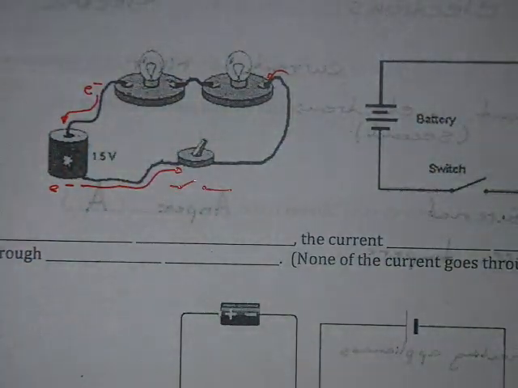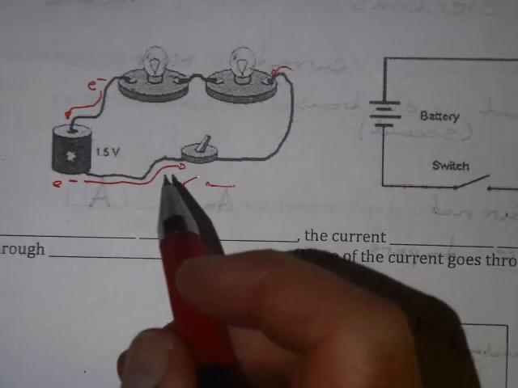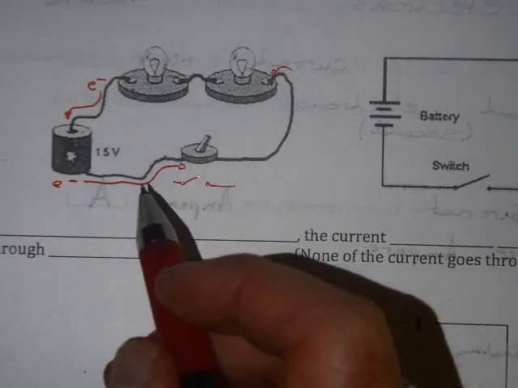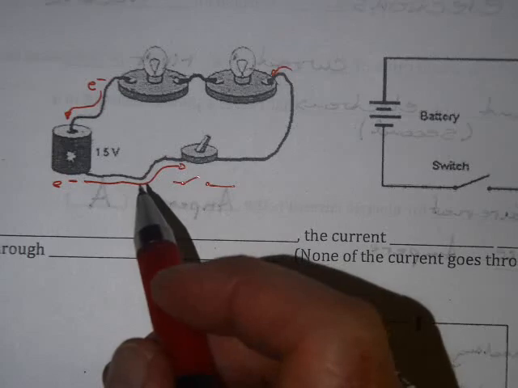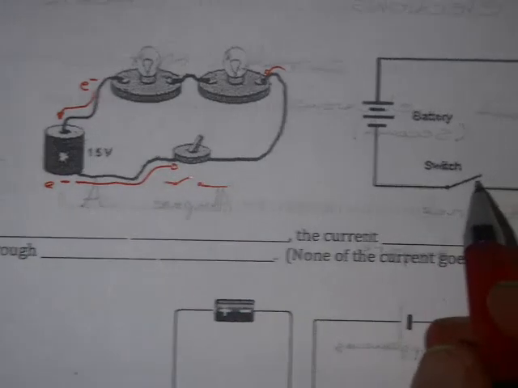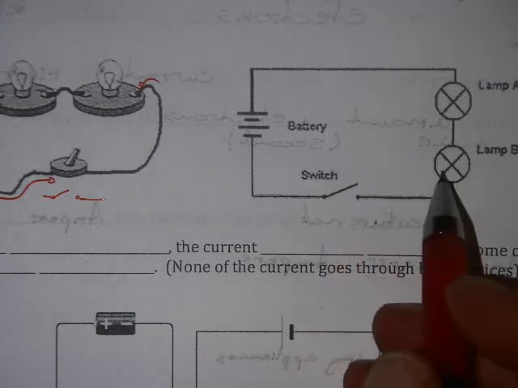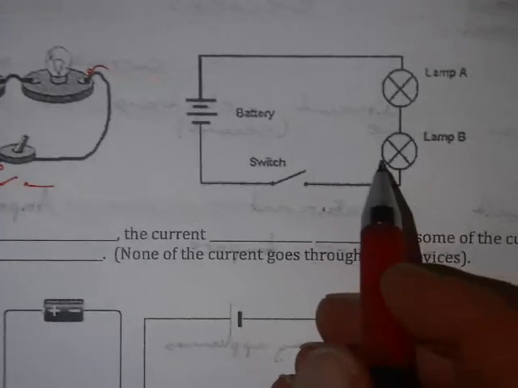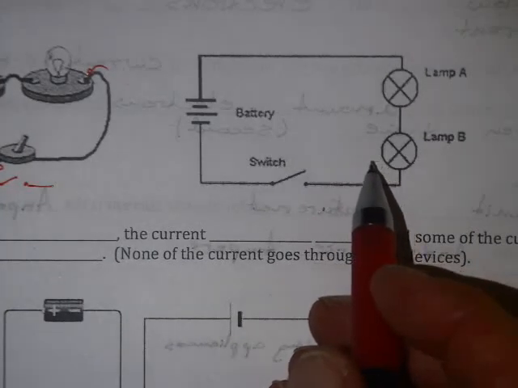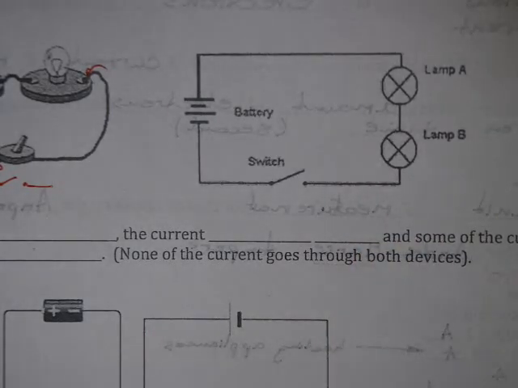Okay, now this is the picture again, but we want to diagram it. In this situation here, this is a better diagram. This is another one of those funny different symbols that are used for lamps, and we said that there are other ones.